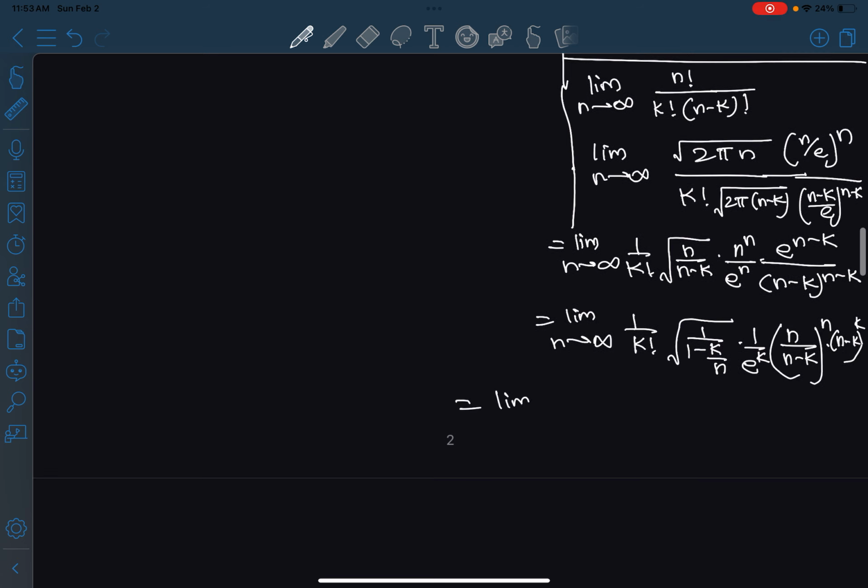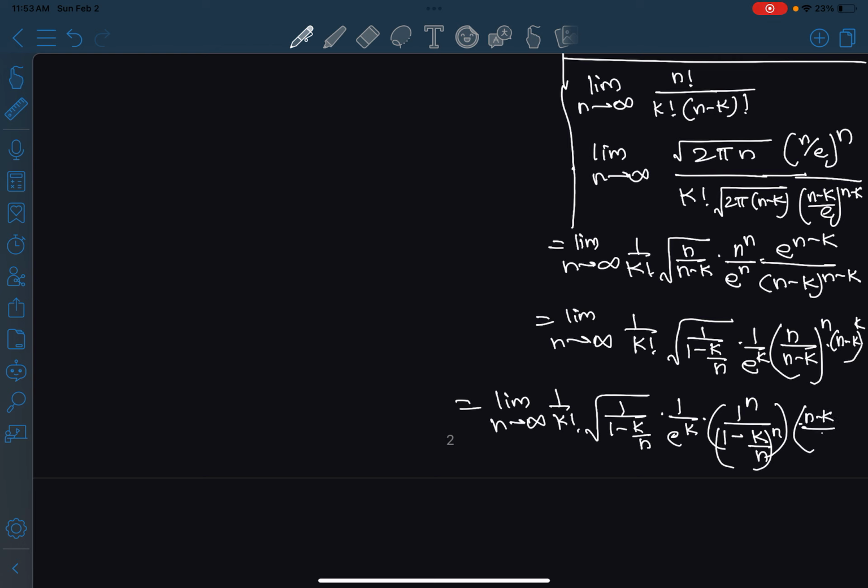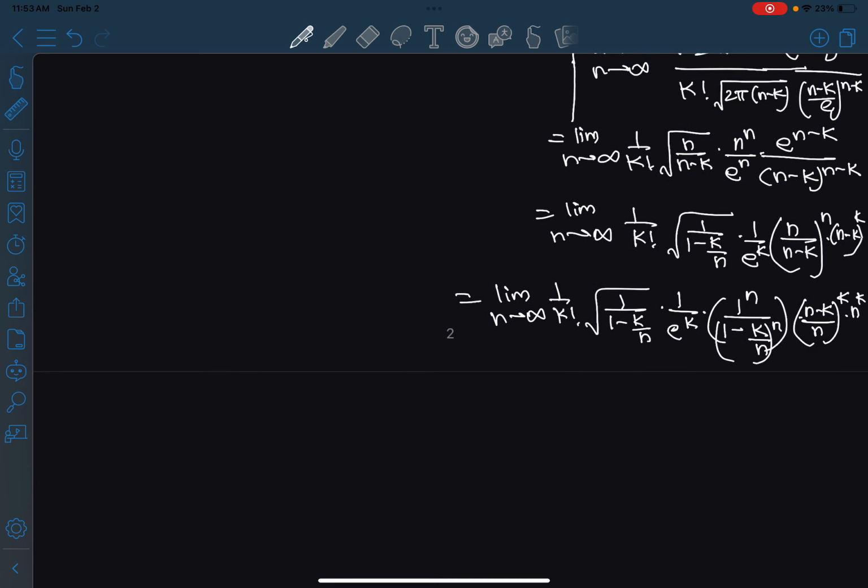So after that, the limit as n goes to infinity of 1 by k factorial, times 1 by 1 minus k by n, times 1 by e to the power k. Also, you can write it as 1 by 1 minus k by n to the power n, and you can write this as n minus k by n to the power k times n to the power k. Okay, so now you can basically see what I'm trying to do.